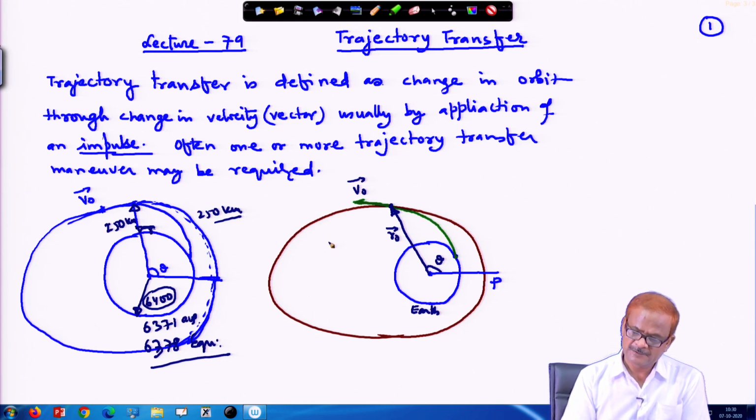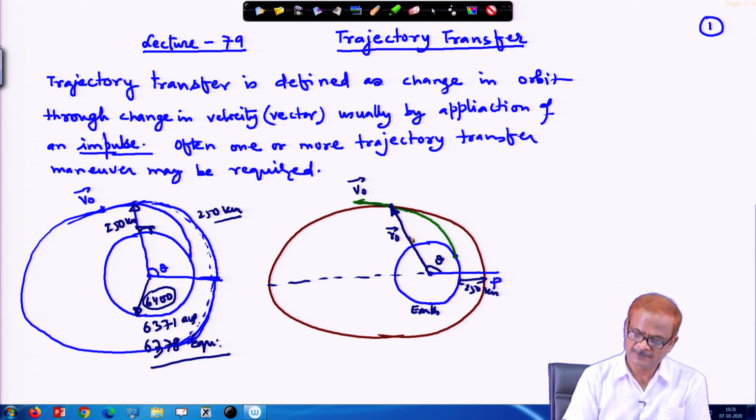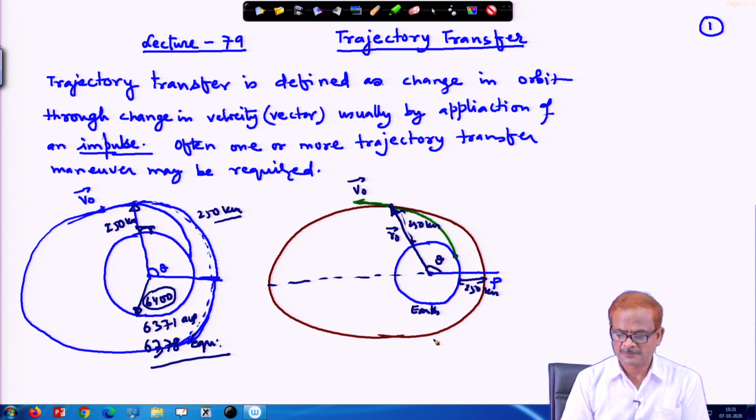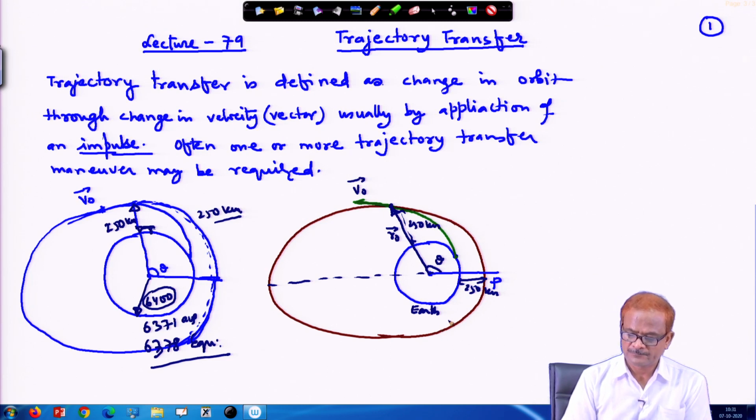Once the satellite is injected, this is not the orbit you are looking for. This is the altitude, say 250 kilometers, or maybe at this point your altitude is 250 kilometers. At the perigee position it will be the least, either here or here, whatever it is.